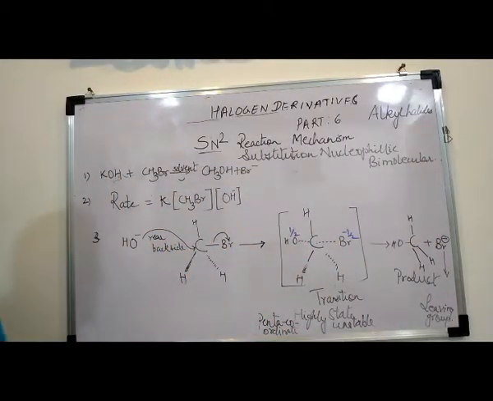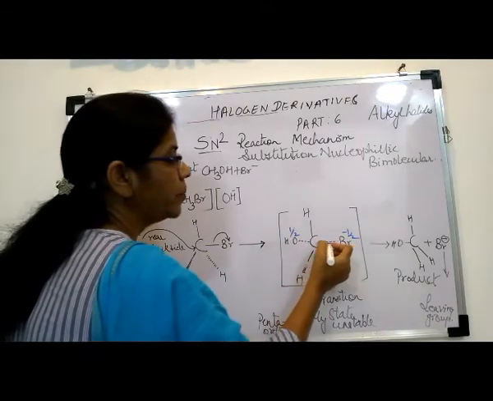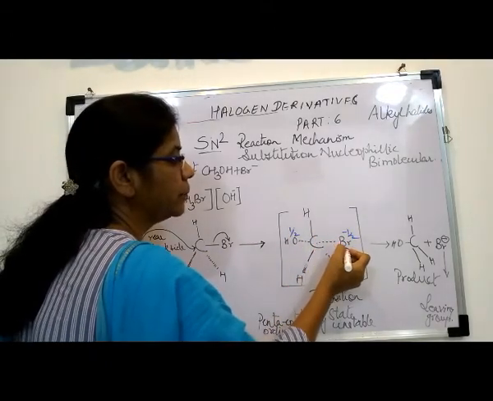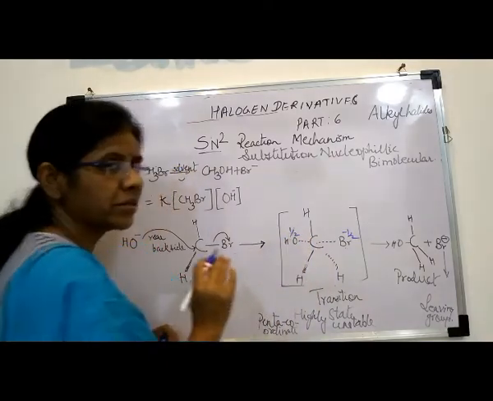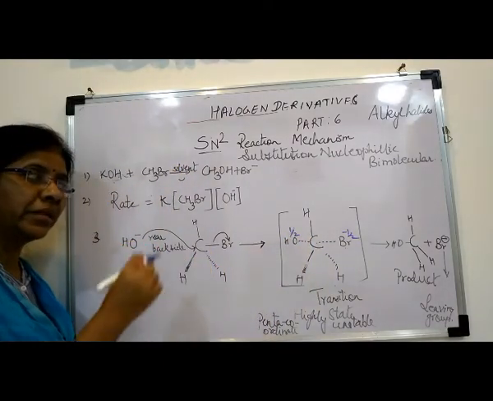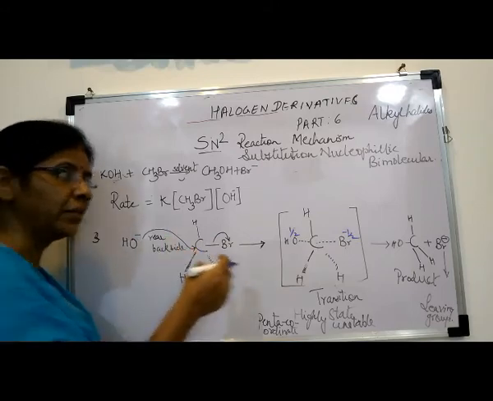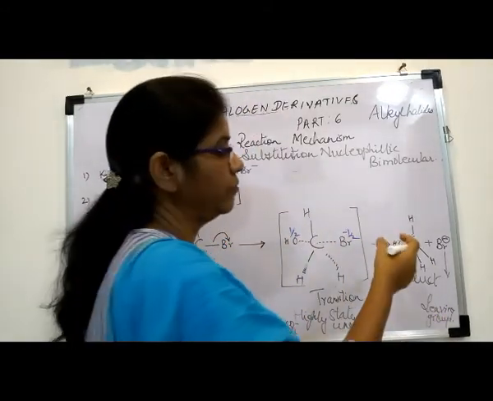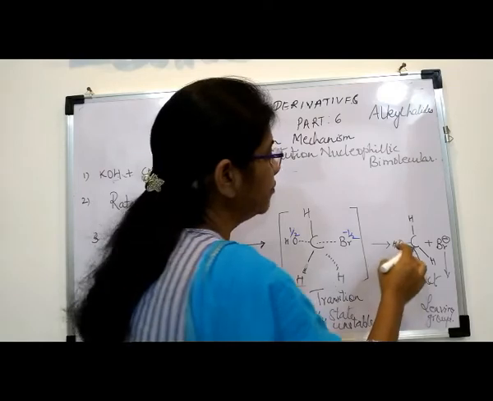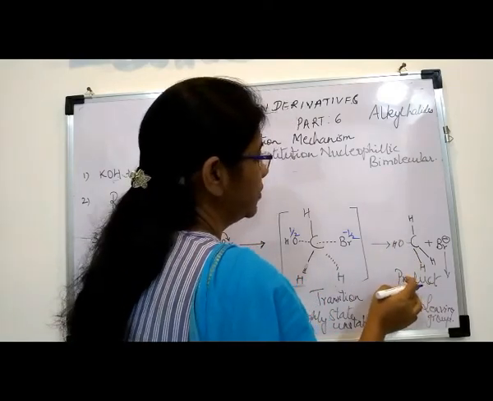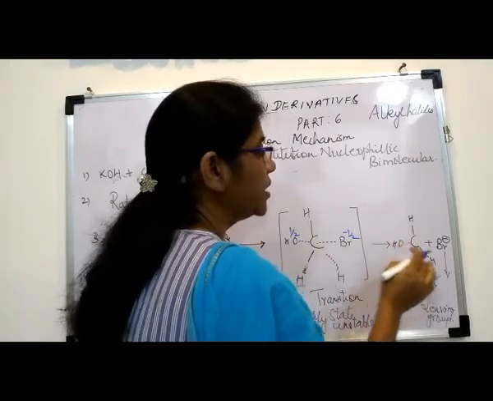Followed my point? Okay. And this bond breaking is not complete, whereas the bond formation is also not complete. But this will not remain in this condition for a longer time. It has to break down and form the product. And then we will get the product, which is CH3OH plus Br.